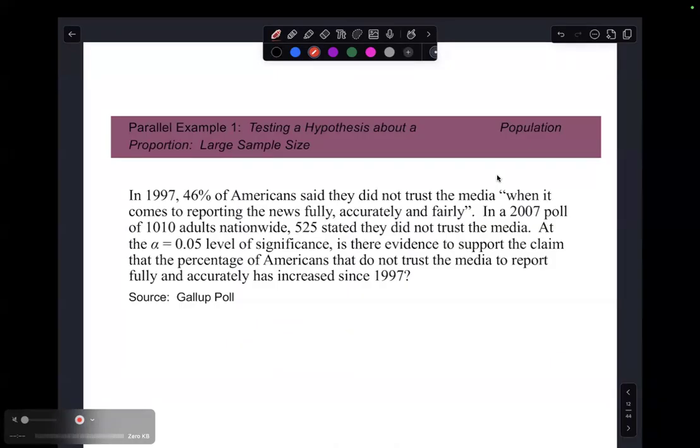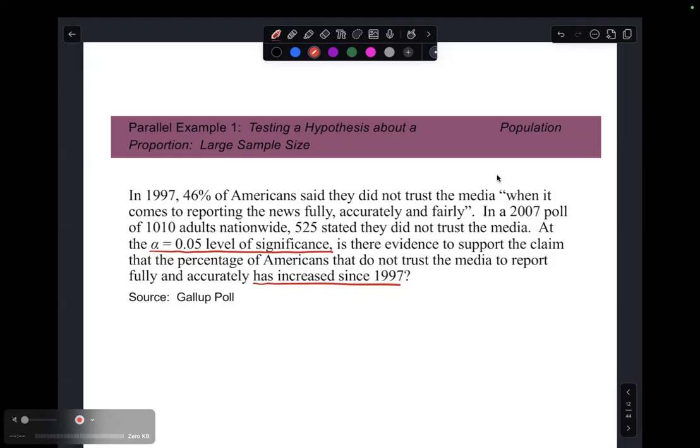This is our alpha, our level of significance. At a 0.05 level of significance, is there evidence to support the claim that the percentage of Americans that do not trust the media has increased since 1997? Is there evidence that it has increased?